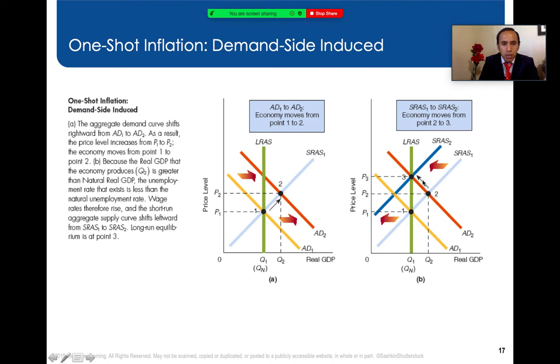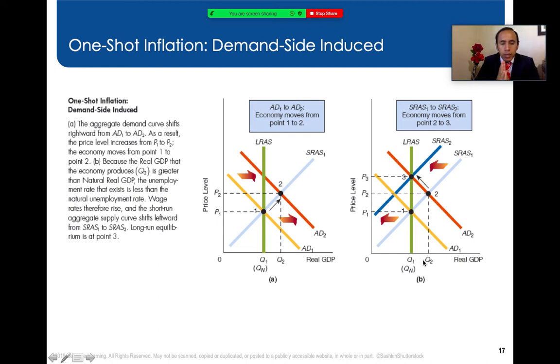And in the long run, we're going to have a wage adjustment process when it comes to the self-regulating economy, and the aggregate supply is going to decrease and shift to point 3, and we reach an even higher equilibrium with a higher price level of price 3, and we go back to the same level of output.